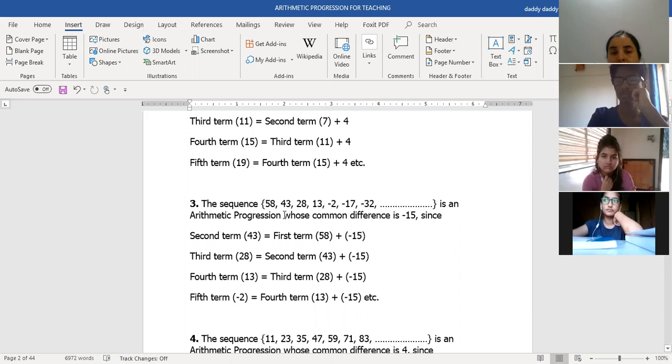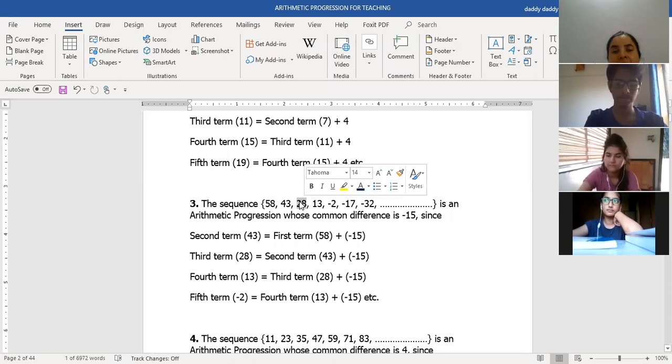And what is the rule? You pick up any term, let's say for example 28, and you subtract the preceding term, which is 43 in this case, you will get answer as minus 15.